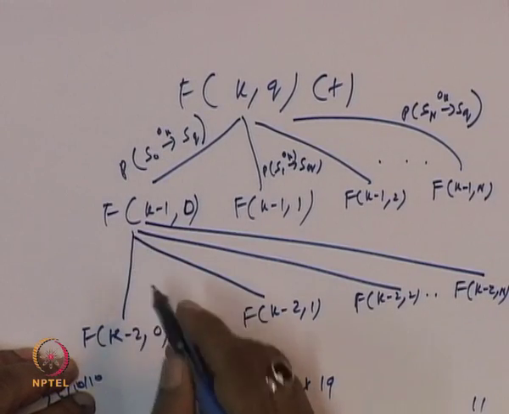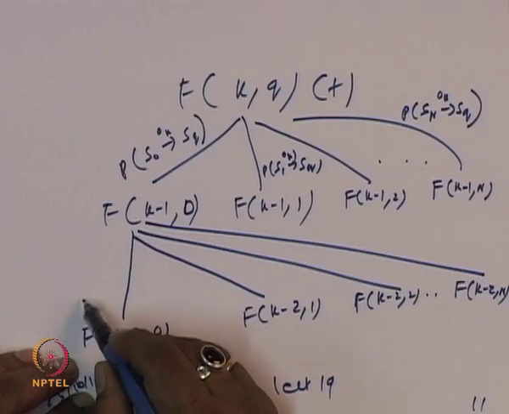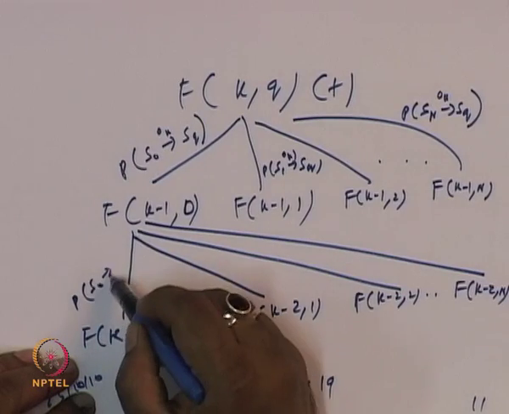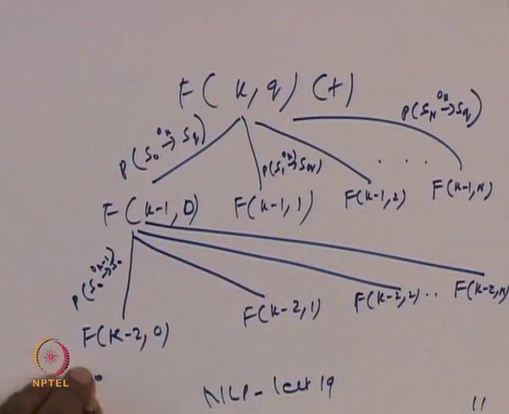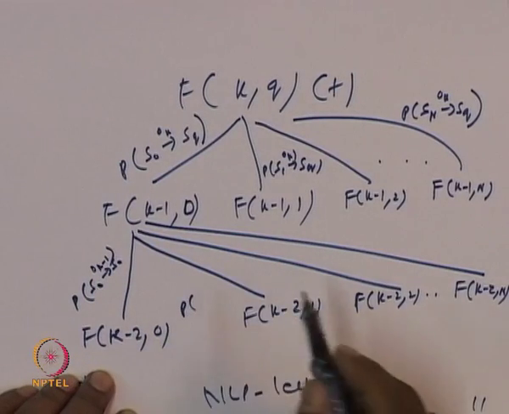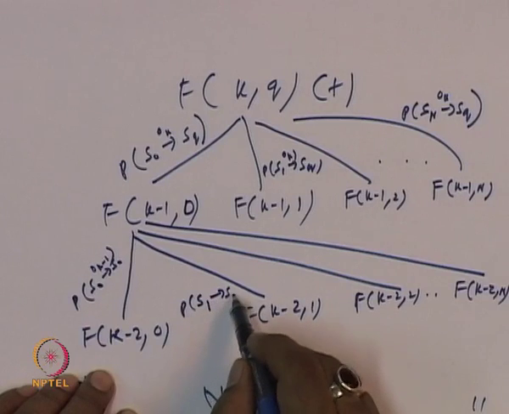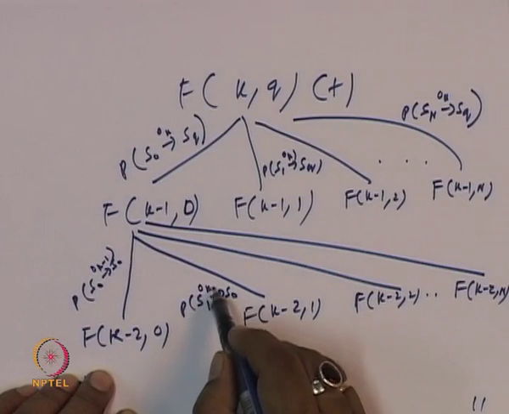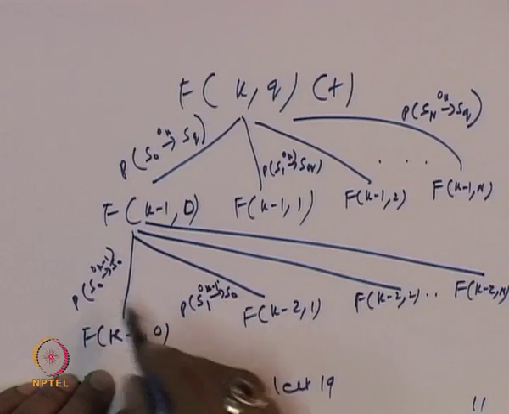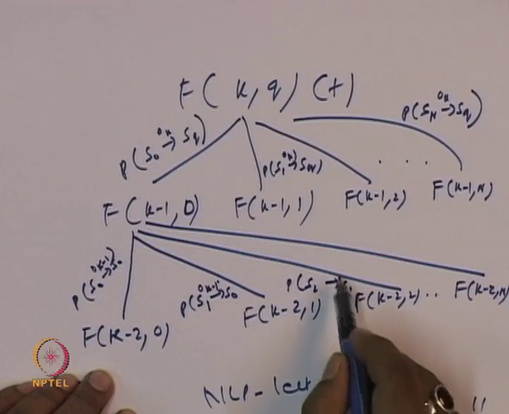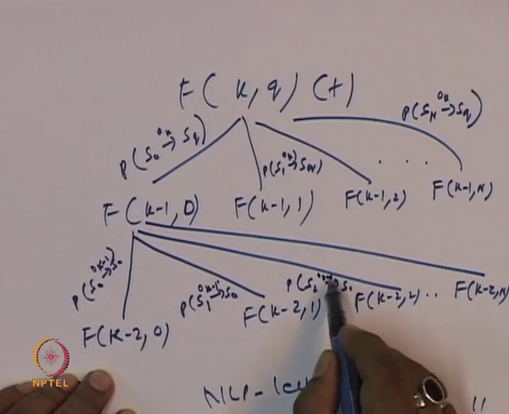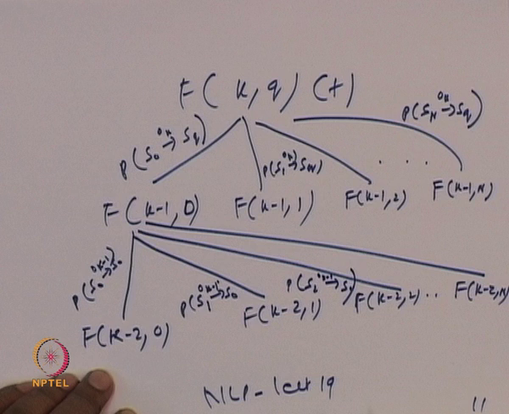What are the probabilities on these arcs? The probability here would be p s 0 to s 0 on the k minus 1th observation. This will be p s 1 to s 0 with observation k minus 1. This will be p s 2 to s 0 with symbol k minus 1, and so on.